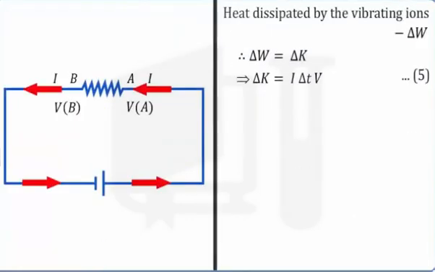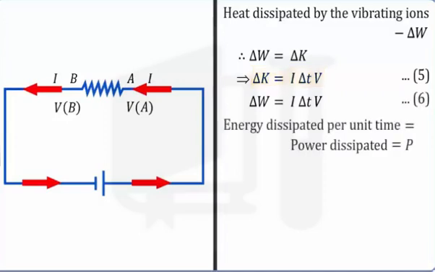From equation 5, we can say that the amount of energy dissipated is expressed as delta W = I delta t V. Let this be equation 6. The energy dissipated per unit time is termed as the power dissipated and is represented by P. Therefore, we can write P = delta W by delta t.